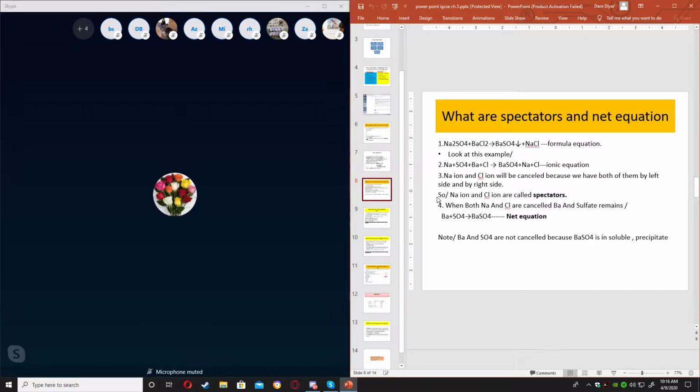Insoluble. Look at this S. It is solid, so it is not dissolving. That's how I can recognize it when I see the S by AgCl. So it will remain.